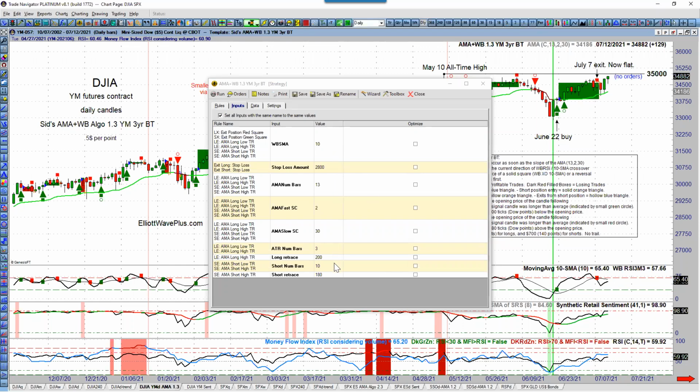This one does not take sentiment into consideration because Daily Sentiment Index does not produce stats every night on the Dow Jones Industrial Average YM contract. They do on the S&P ES contract, and they do on the NQ contract on the NASDAQ. They do not on the Russell, the RTY contract.